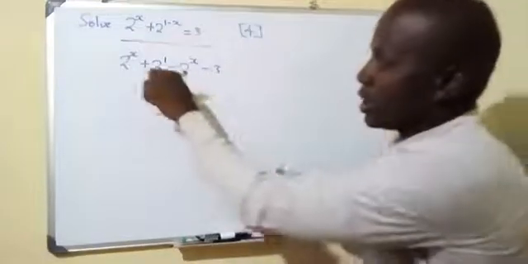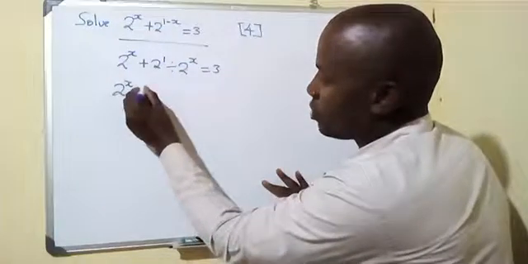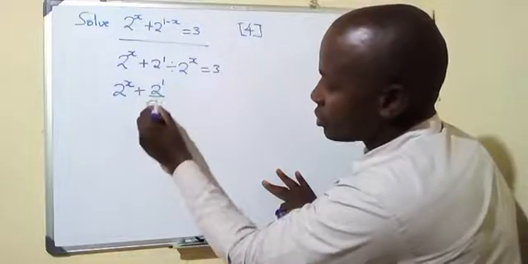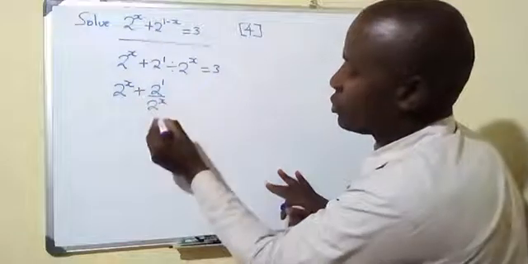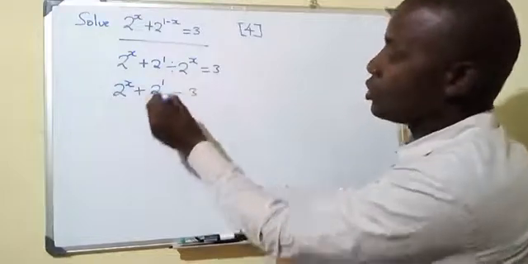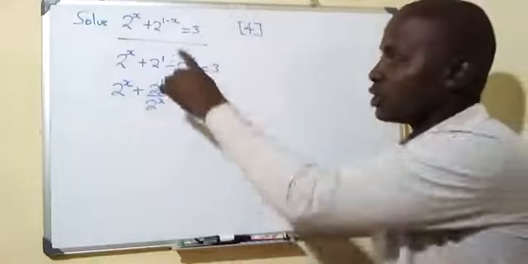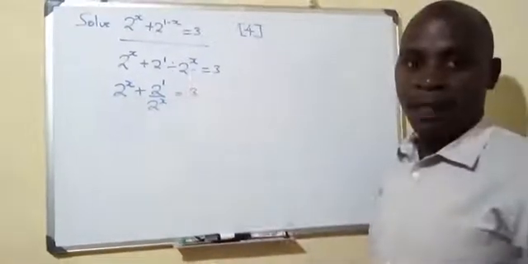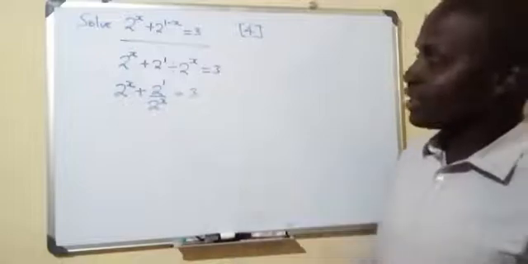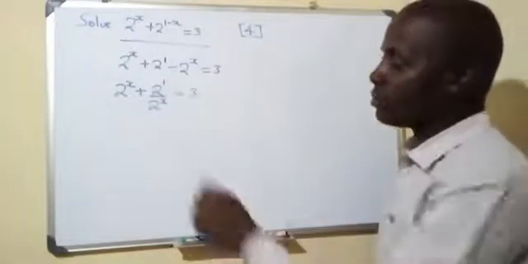So this term can also be written as 2 to the power 1 divided by 2 to the power x. The other way of writing divide is the same as writing the symbol for over.